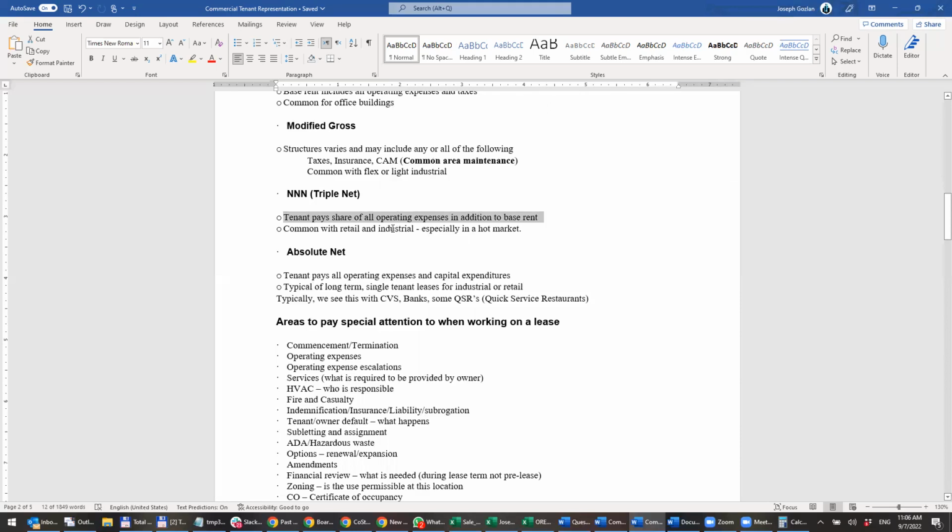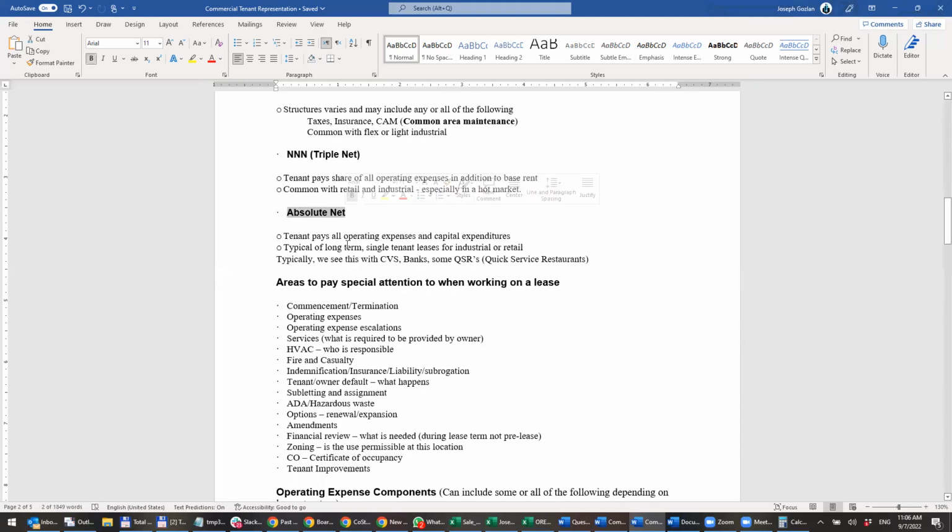So triple net, double net, single net is what is included in the chargeback. Chargebacks can have the maintenance, the insurance, and the property taxes as well. So when you have a triple net lease, all 3 of those are charged back to the tenant: the maintenance, the property taxes, and the insurance.